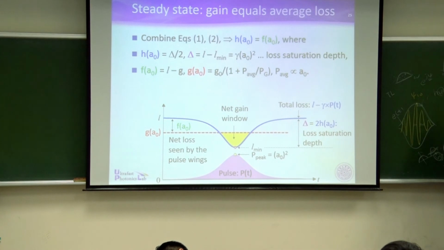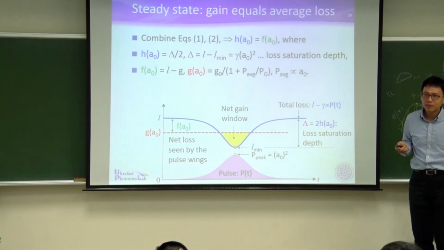It's not due to any external modulator. In active mode locking, we need external modulator, but here we don't. Just carefully play with the gain dynamics and the loss dynamics. You can create a temporal window, a net gain window for pulse shortening. Is it okay for you?